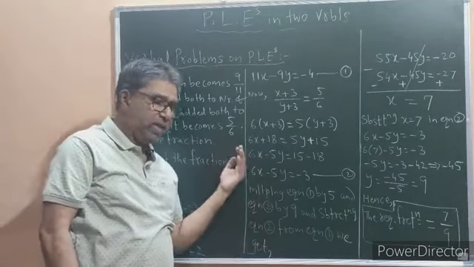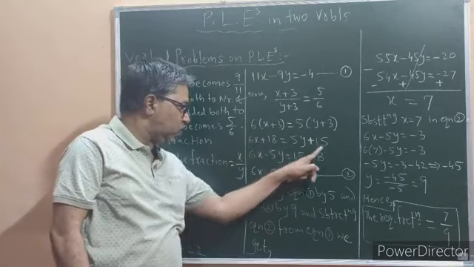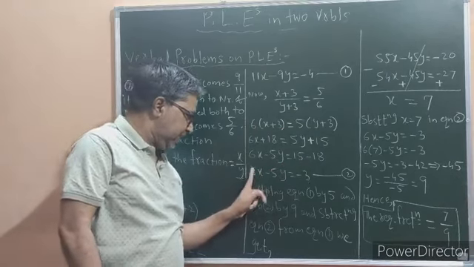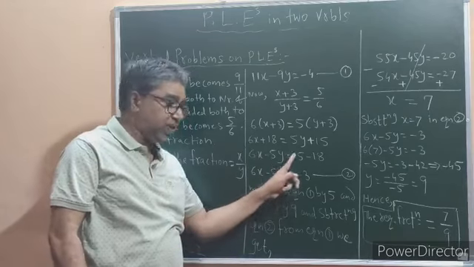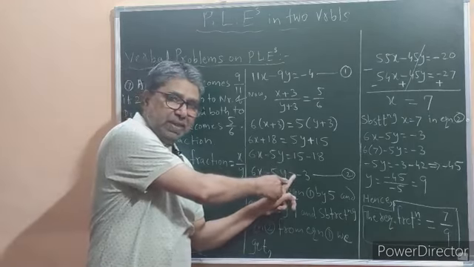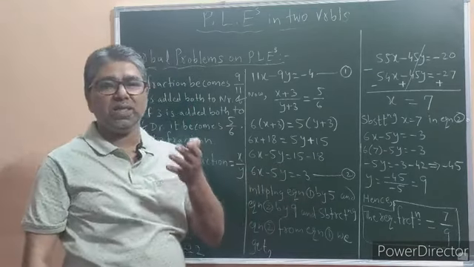Bring 5y towards left, take 18 towards right. 6x minus 5y is equal to 15 minus 18, which will be minus 3. So this is the simplified form. Call this equation number 2.